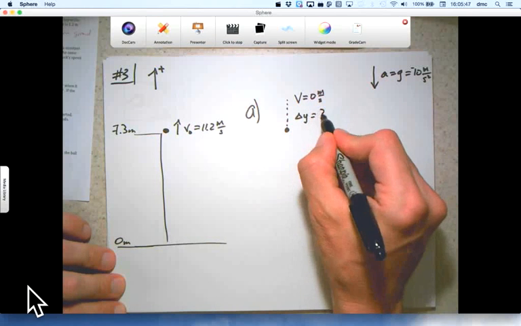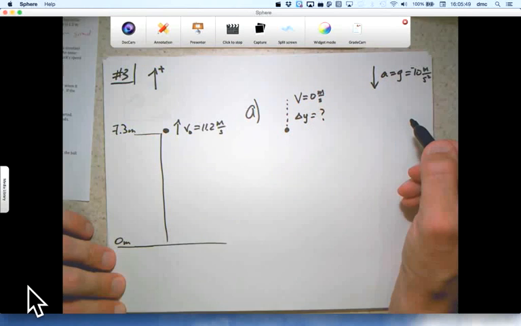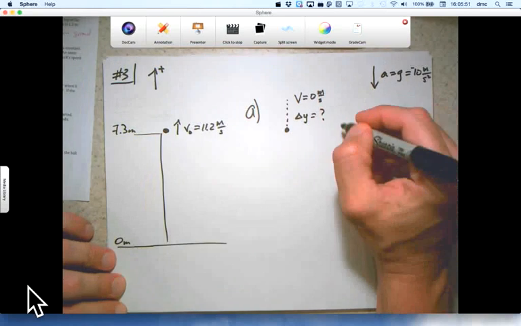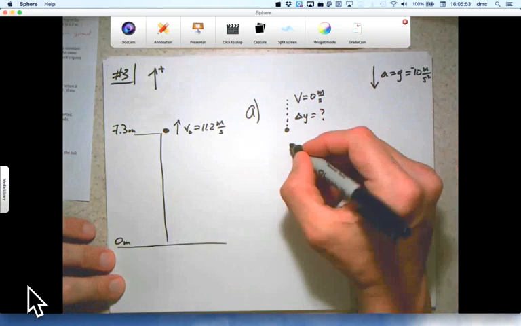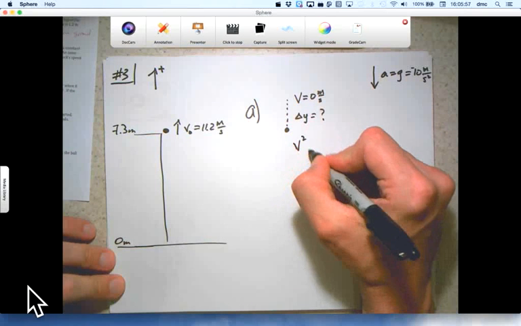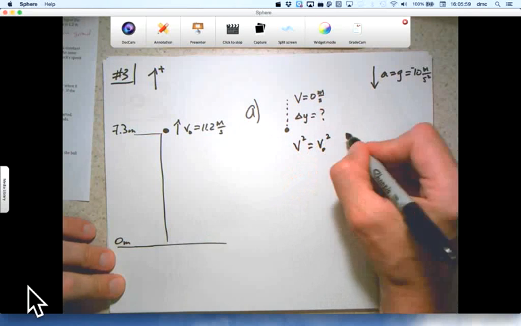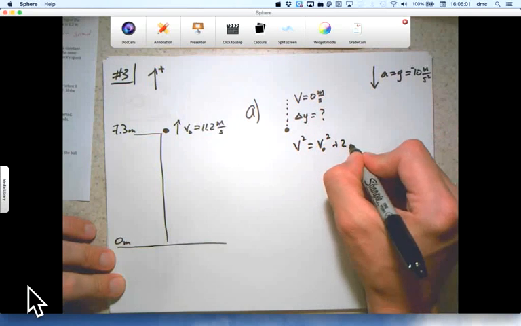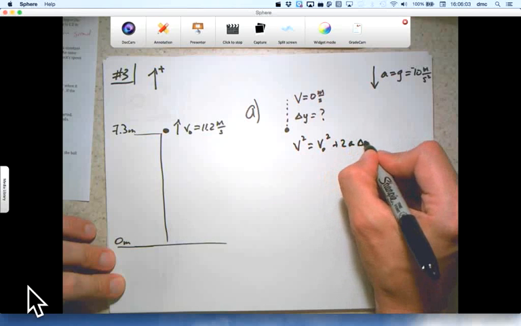So what is delta y? The most direct way that I can think of to do this is to use the equation that the final velocity squared equals the initial velocity squared plus 2 times the acceleration times the change in position.